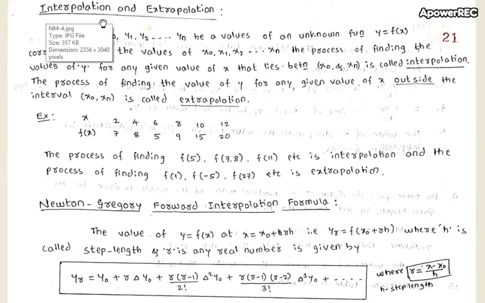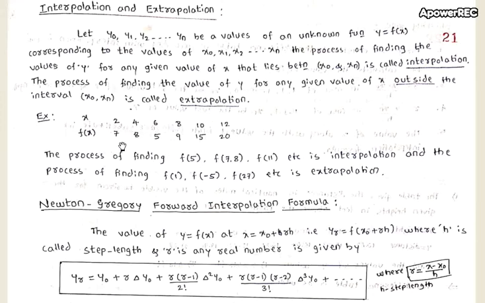Next is interpolation and extrapolation. Suppose in the table of x and f of x, the x values are 2, 4, 6, 8, 10, 12, etc., or you can also use odd numbers.